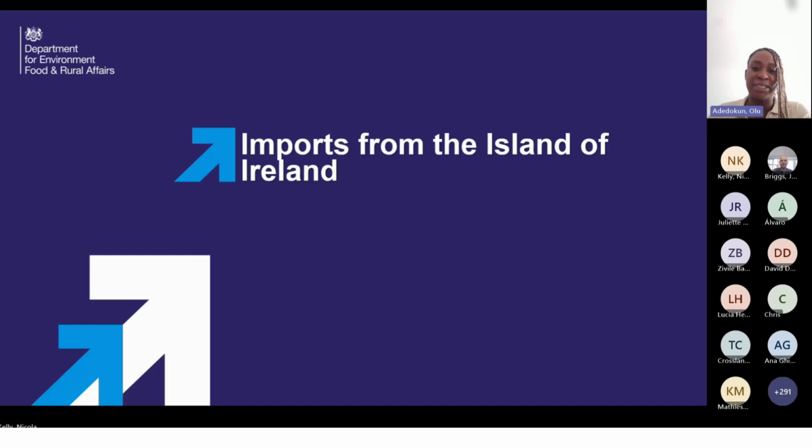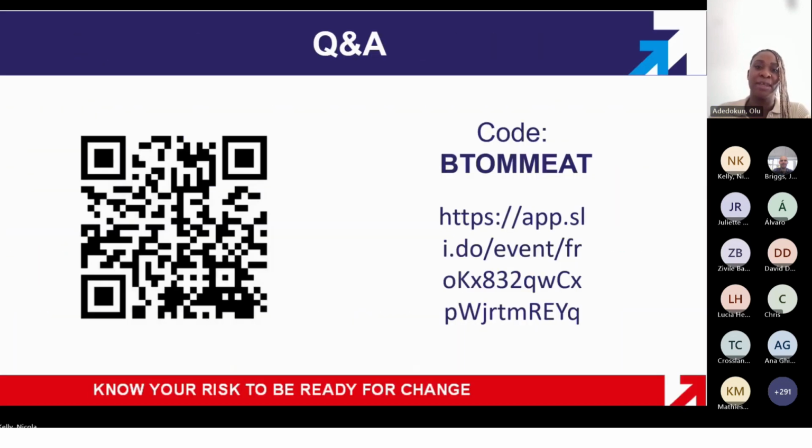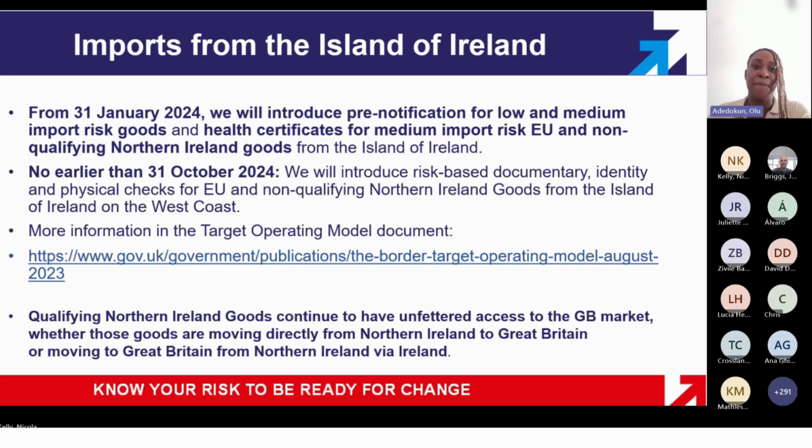Imports from the island of Ireland. From the 31st of January, we will introduce pre-notification for low and medium risk import goods and health certificates for medium import risk EU and non-qualifying Northern Ireland goods from the island of Ireland. No earlier than the 31st of October 2024, we will introduce risk-based documentary, identity and physical checks for EU and non-qualifying Northern Ireland goods from the island of Ireland on the West Coast.